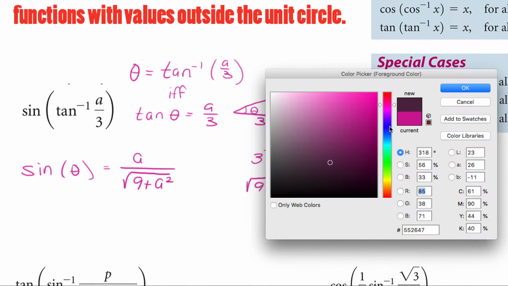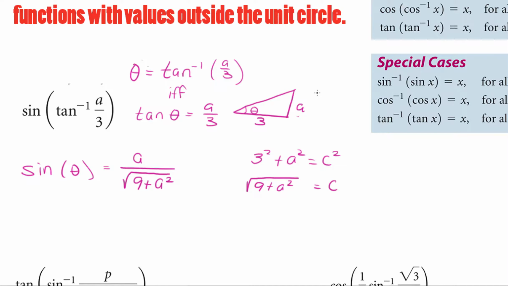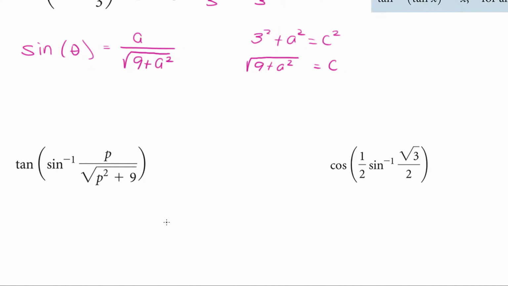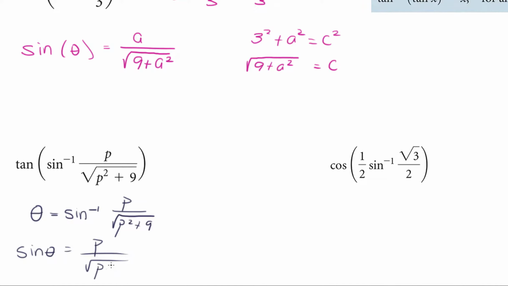So let's do another one. Now we can see already it's getting a little bit more complicated, but it's still the same principles. Take theta to be sine inverse of p over the square root of p squared plus 9. That means that sine of theta equals p over the square root of p squared plus 9.